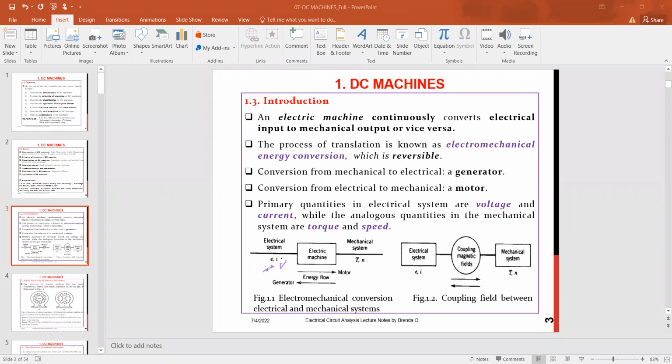While in mechanical systems, we have torque denoted by capital T and speed denoted by N.